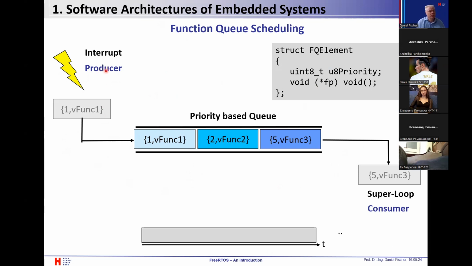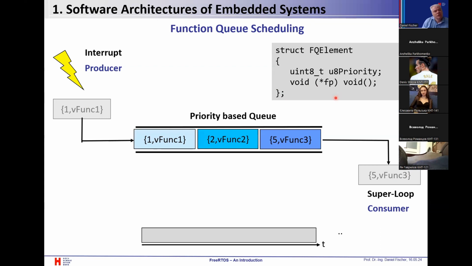That means the interrupt detects that something has to be done, maybe a button is pressed or a waiting time is over. And then this interrupt puts an element of a struct inside this queue. The struct consists only of a function pointer. This function pointer can be used later by the consumer. The consumer later can execute the function by using this function pointer.